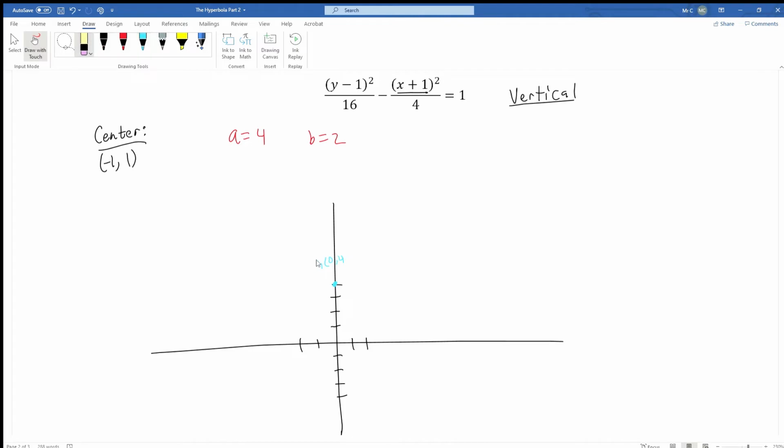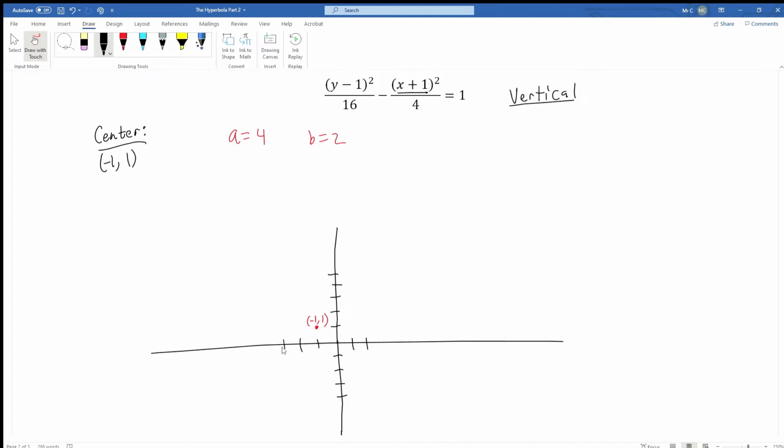Oops, that's not right. I forgot that I'm not centered at (0, 0), so let's go ahead and fix that. We're centered at (-1, 1). So make sure you actually go to the center that you're at. So (-1, 1) is our center.